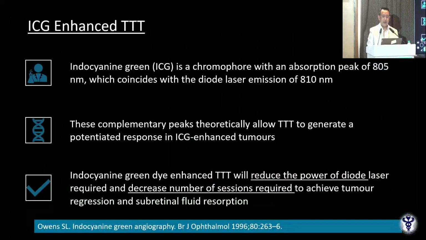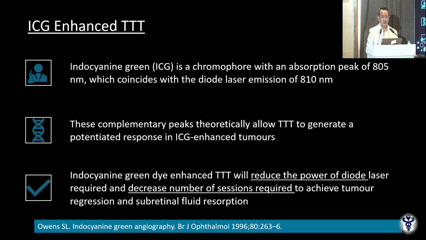Next is the ICG-enhanced TTT. ICG is a chromophore with an absorption peak of similar wavelength to the diode laser, that is around 800 nanometers, and theoretically it has a complementary effect to TTT, where it will reduce the power of the diode laser and also decrease the number of sessions required for tumor regression and subretinal fluid resorption.